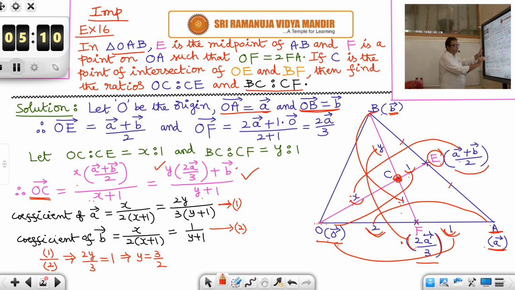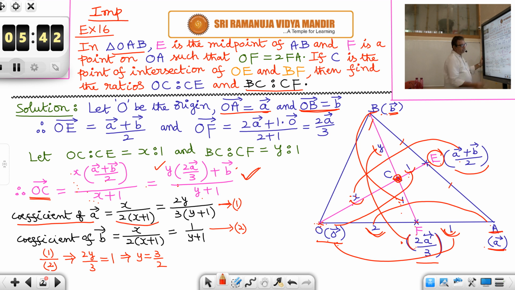Now we can equate the coefficients of a bar and b bar on both sides, because a bar and b bar are non-collinear vectors. OA bar is a bar, OB bar is b bar. They are in different directions, so they are non-collinear vectors. Therefore their coefficients on the left side and right side must be equal in this equation. So what is the coefficient of a bar here? X by 2 into X plus 1.